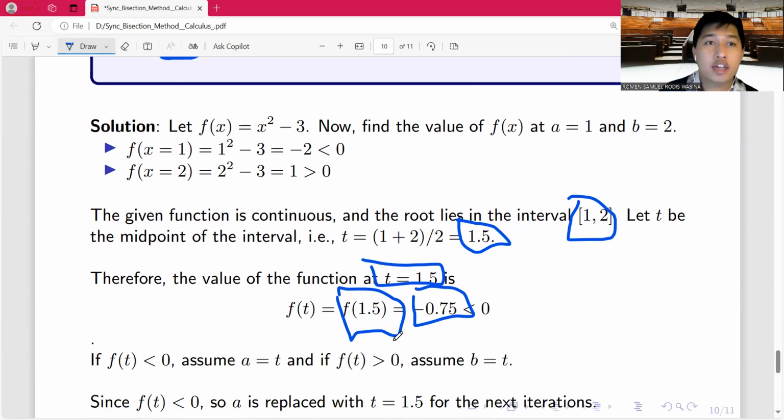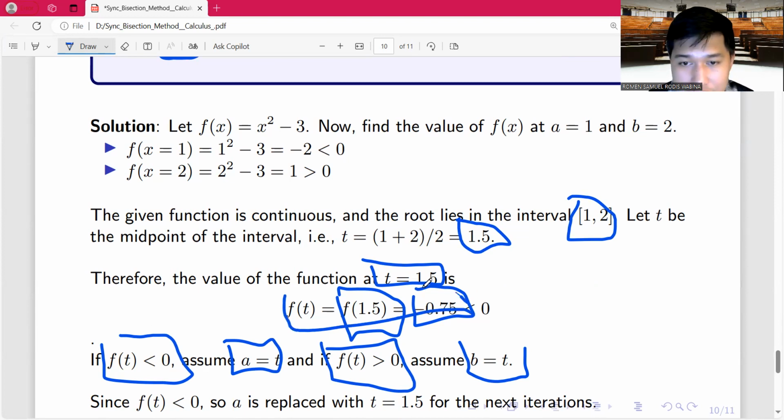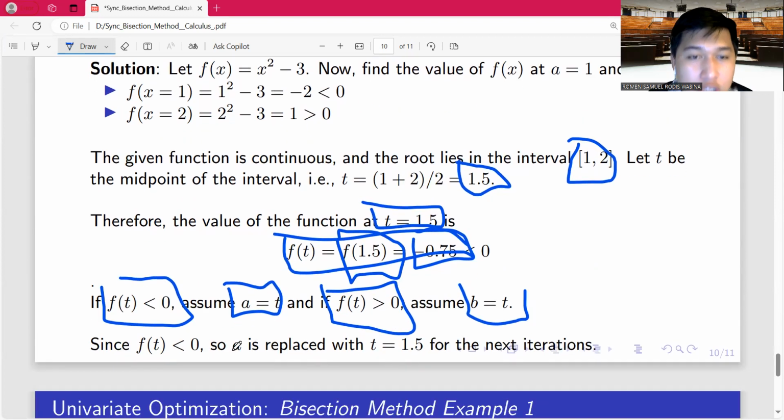Based on our theorem of the bisection method, if f of t is negative, assume a is equal to t, and if f of t is positive, assume that b is equal to t. So since f of t for the first iteration is negative 0.75, the value of a for the second iteration will be replaced with t, which is 1.5.